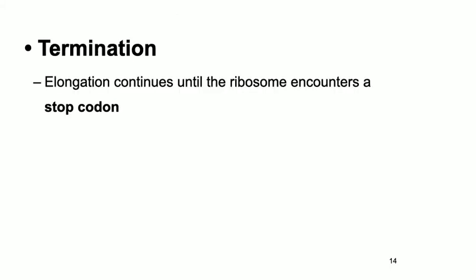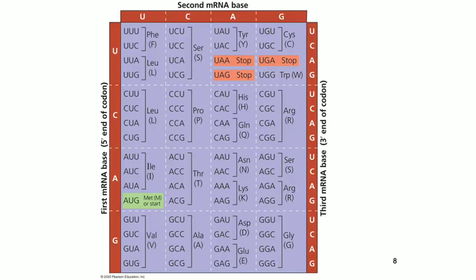Termination is when the ribosome hits a stop codon. There are 3 stop codons: UAA, UAG, and UGA. You do not need to remember any of these. You do not need to memorize any of the codons, but you should be familiar with reading this table.